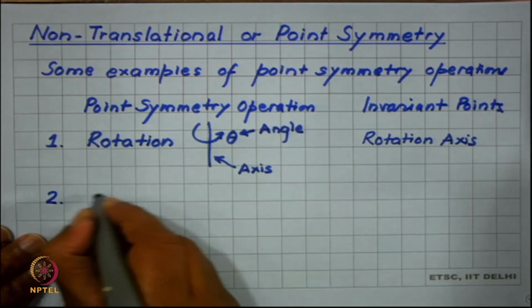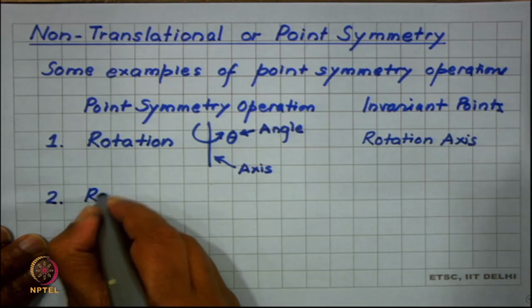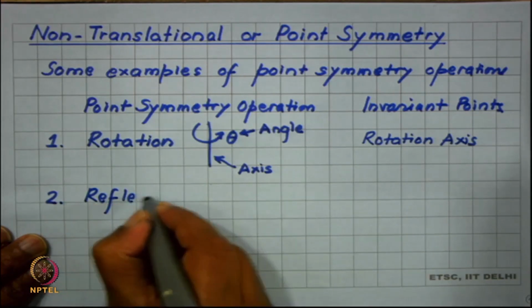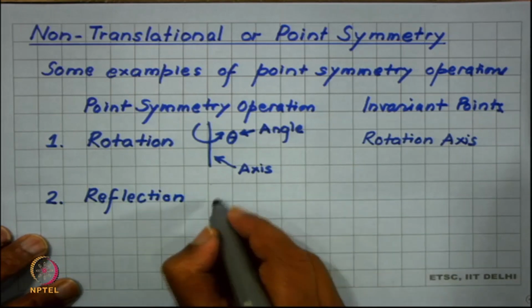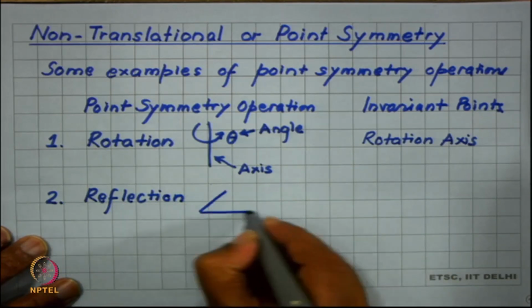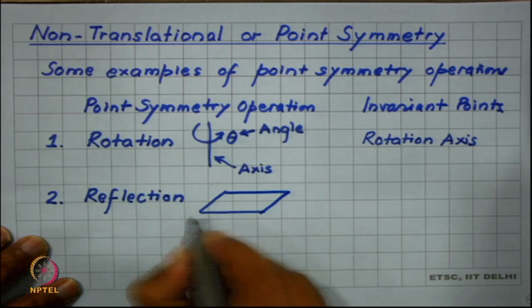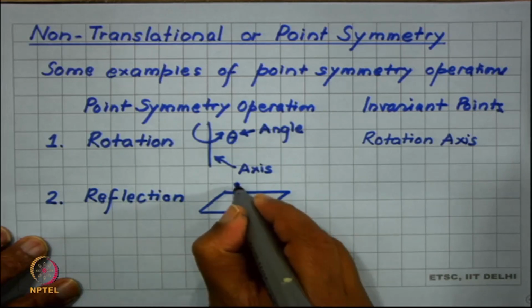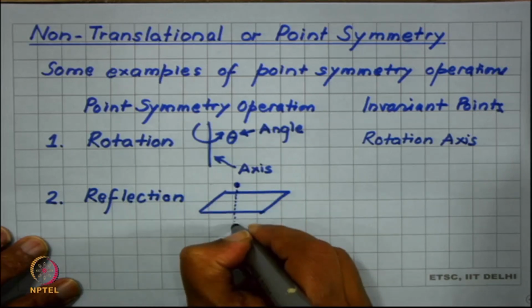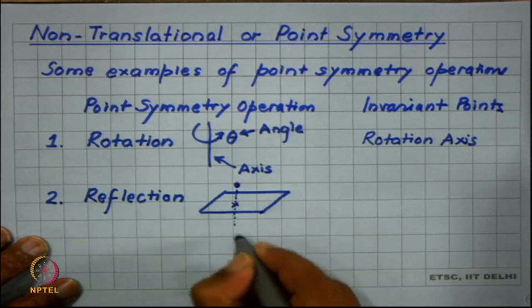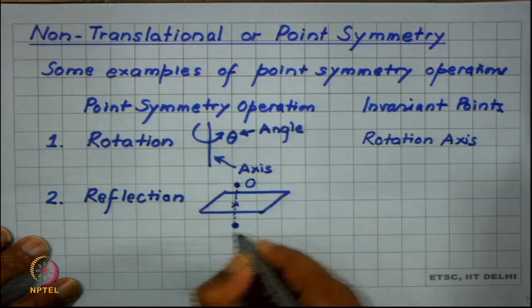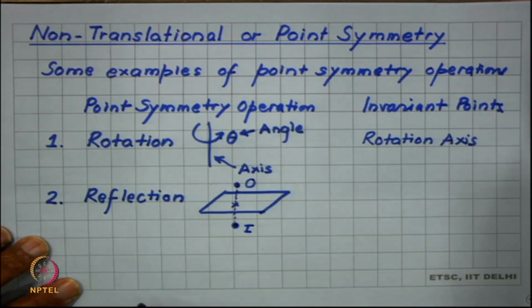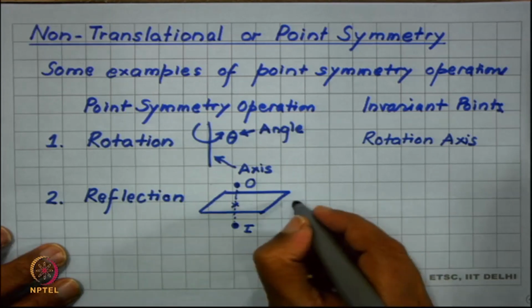Similarly, we have another point symmetry, reflection. Reflection is in a mirror plane. We have a plane and we have an object, and that object will be imaged at an equal distance on the other side of the mirror plane.